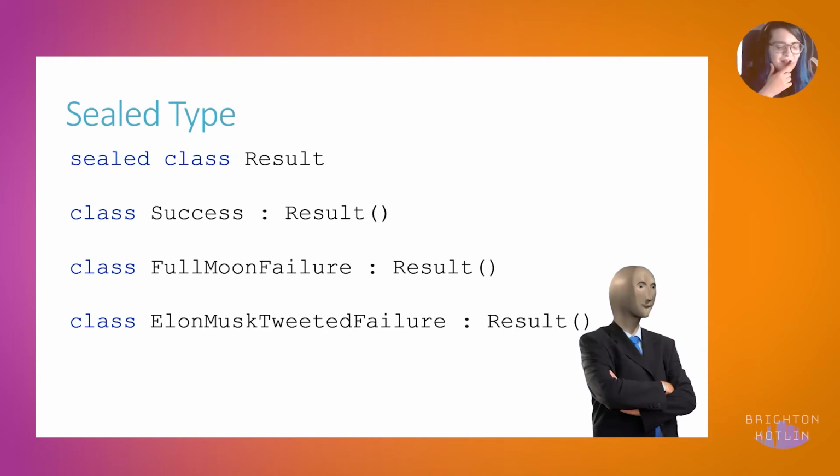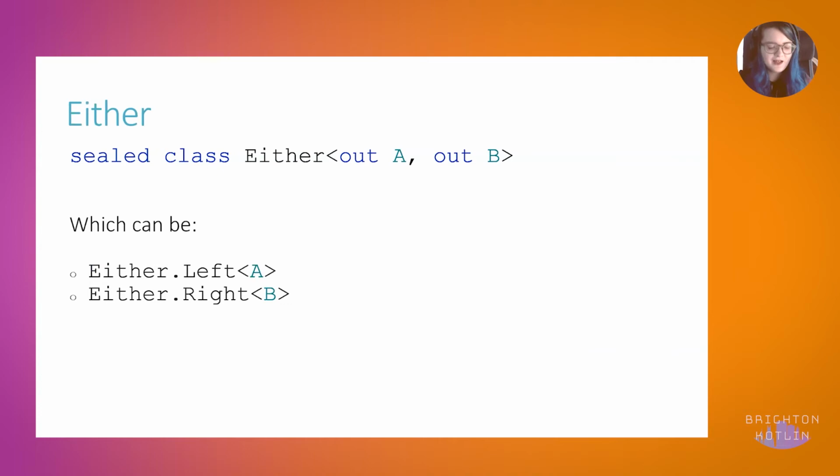Also, what's interesting here is that in a lot of situations, you can list as a result some success and some failures. And this pattern is called Either. In Arrow, there's also a class Either, which can be Left or Right.